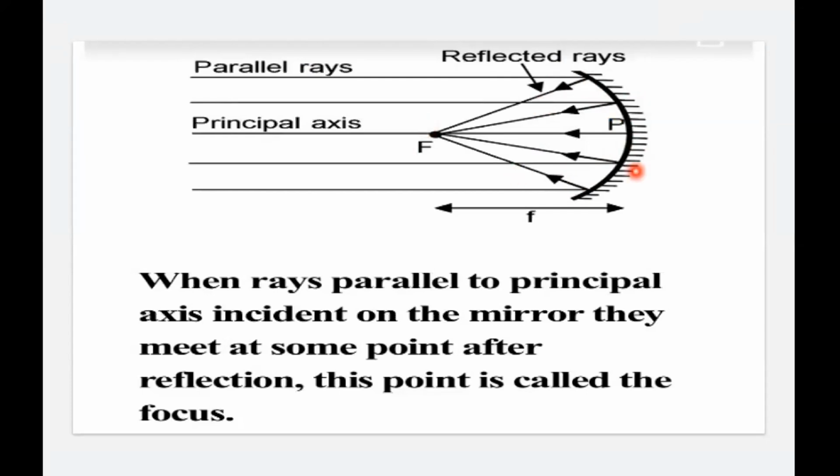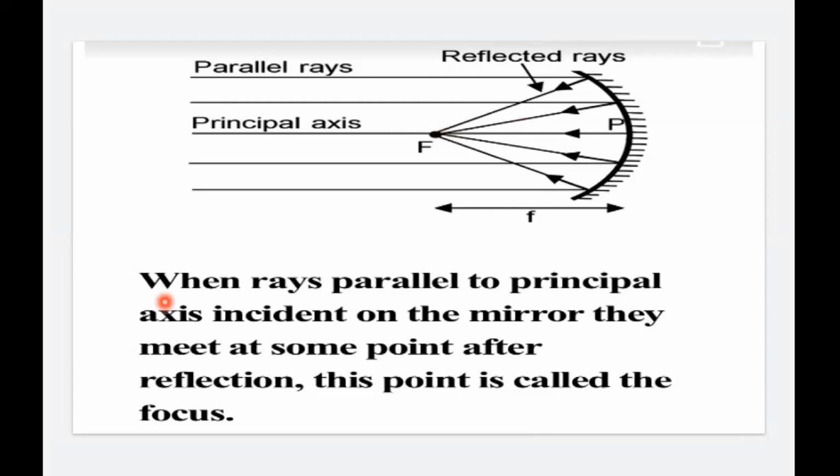They are acting as incident rays. Since this portion is polished, it is going to reflect back all the rays of light at one particular point. This point is called the focus.